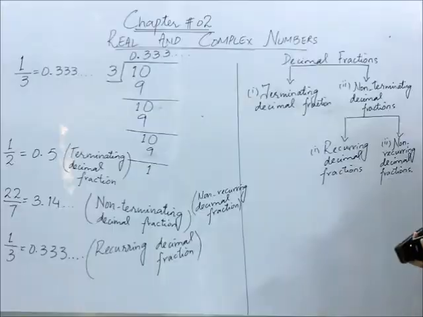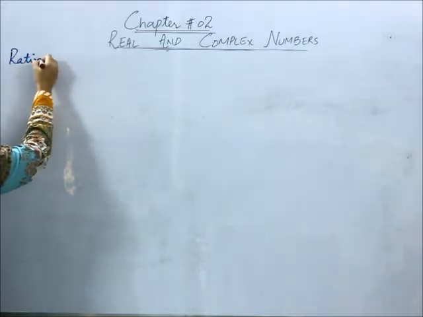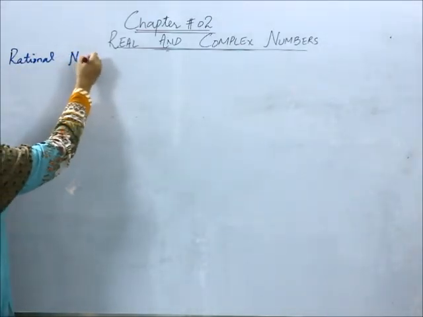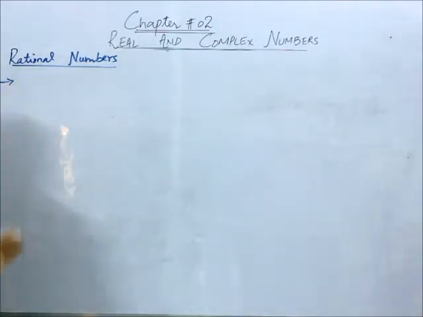So students, let us define rational numbers now. What are rational numbers? Rational numbers are the numbers which can be written in p over q form.